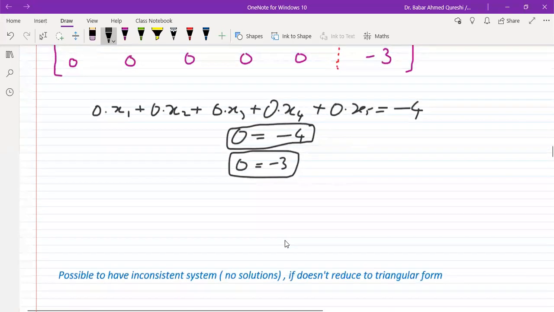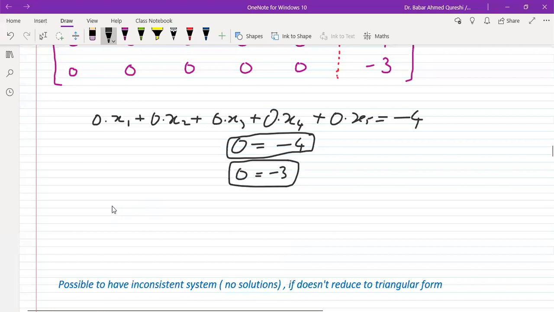So this means that you have inconsistency. Inconsistency also means, you can say it in two ways, that these relations are inconsistent. You can say it also as these relations have no solution because they are inconsistent.